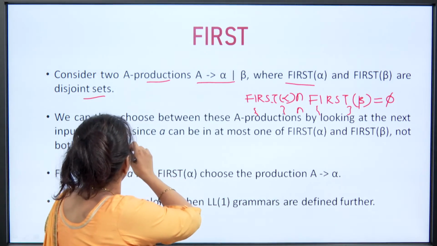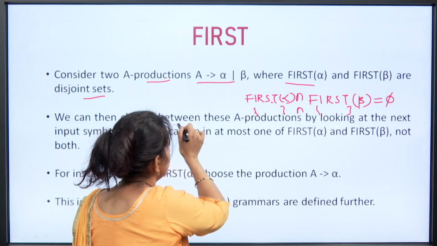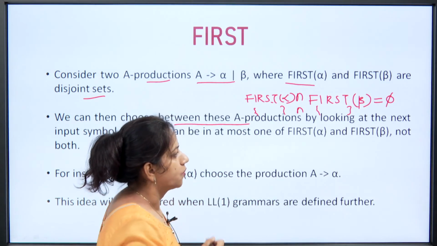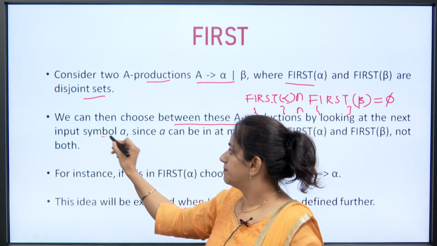Now, we can choose between these two productions by looking at the next input symbol a.